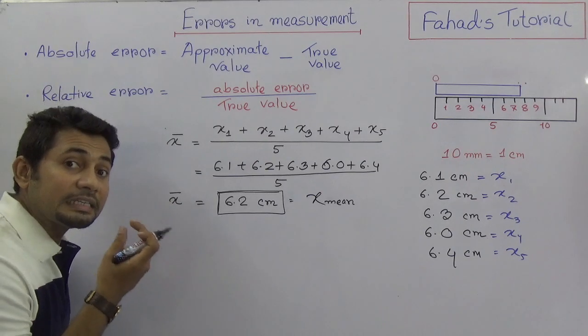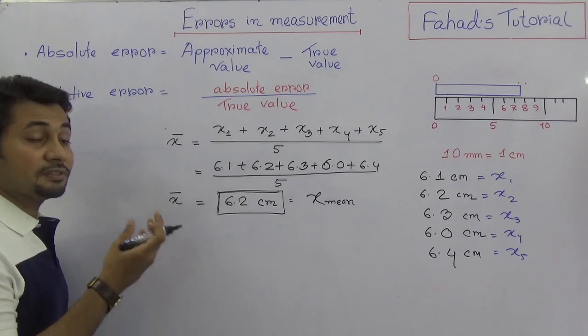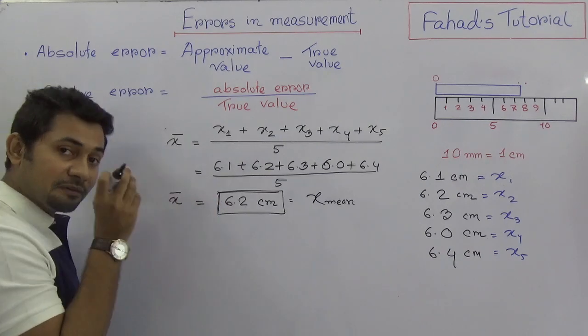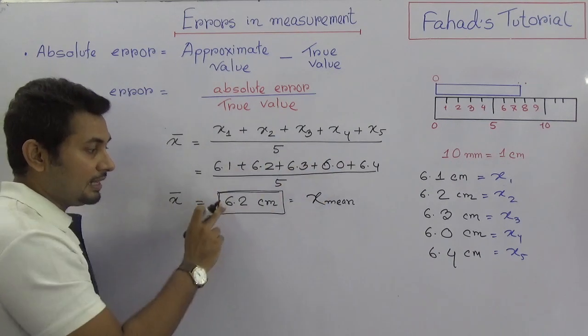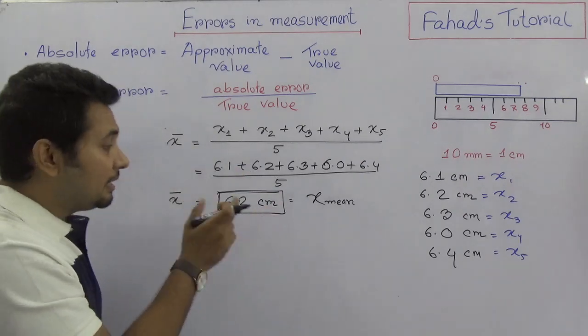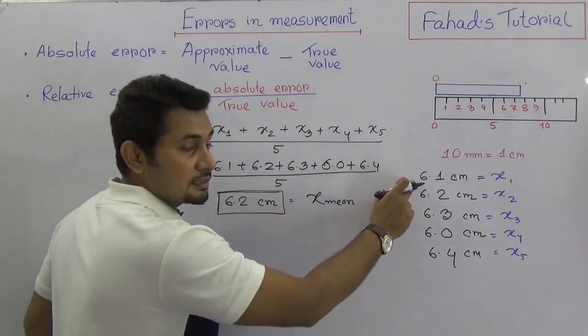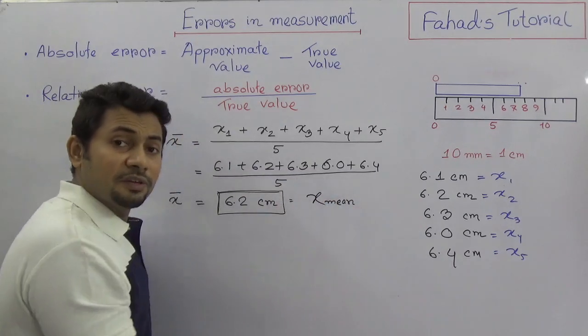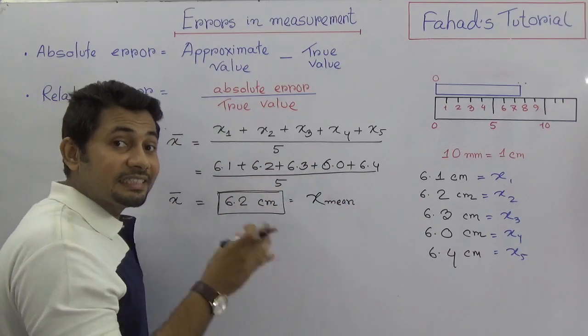Now you see what the absolute error is here. We found the arithmetic mean of the length is 6.2 centimeter. But at first, when I took the first observation, we got 6.1, then 6.2, then 6.3. So what are the errors?